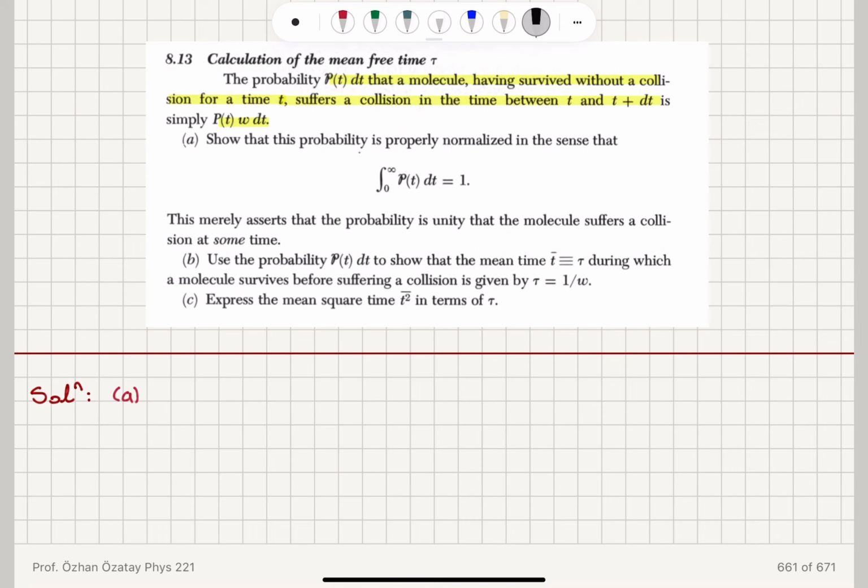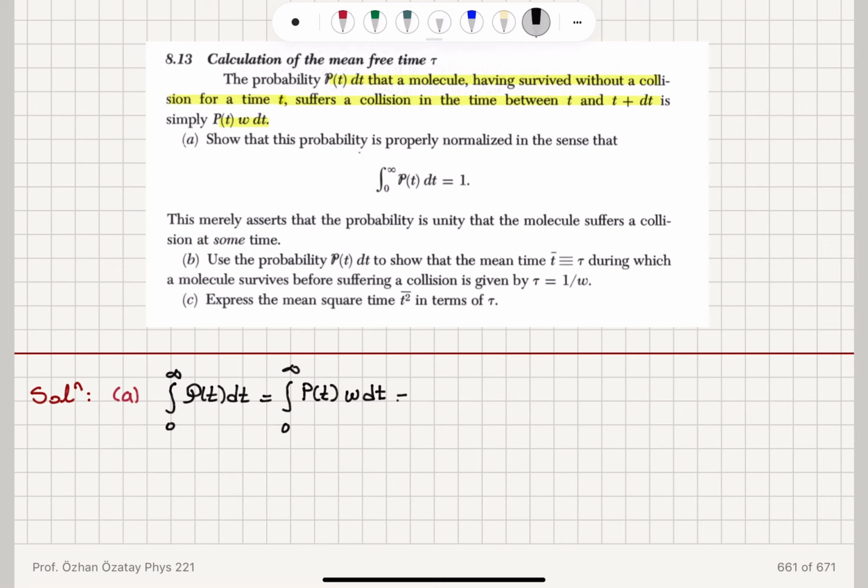So normalization of this integral from 0 to infinity, we have this P of t dt is the integral from 0 to infinity, because that probability of having survived without a collision for a time t, suffering a collision in the time between t and t plus dt, is P of t, the probability of survival for time t, times the probability of having a collision in the time interval dt, omega dt.